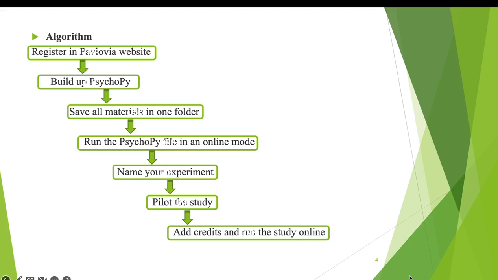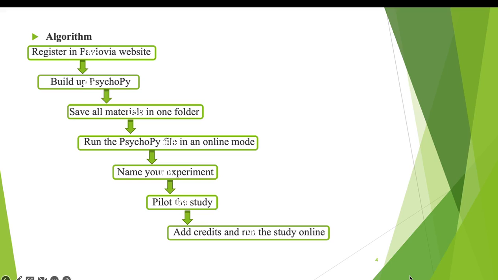So the general algorithm is that you first register on the Pavlovia website and then you build up your PsychoPy file. You save all your materials in one folder, that is the PsychoPy file, images, everything. And then you run the PsychoPy file in an online mode, which I will explain in a couple of minutes.